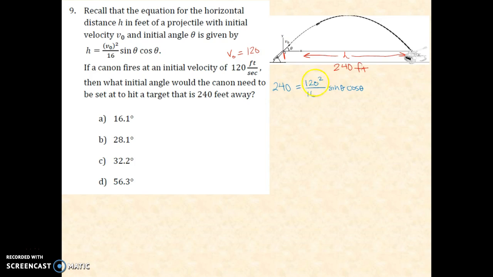Okay, well I can simplify a little bit here. 120 squared is going to be, let's see, 12 squared is 144, and then we'll have a couple more zeros after it.